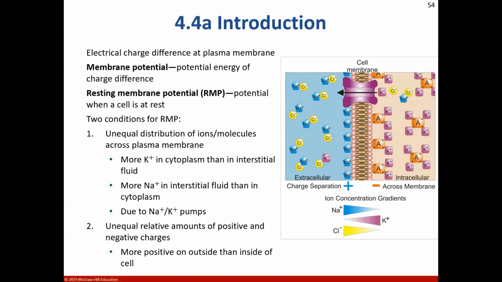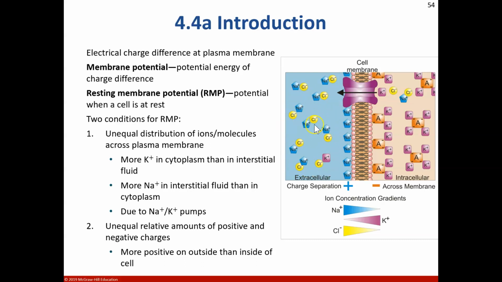First, we have an unequal distribution of ions and molecules across the plasma membrane. Just like we saw in that previous photo, we are going to have more potassium inside the cell in the cytoplasm compared to the interstitial fluid, or extracellularly.